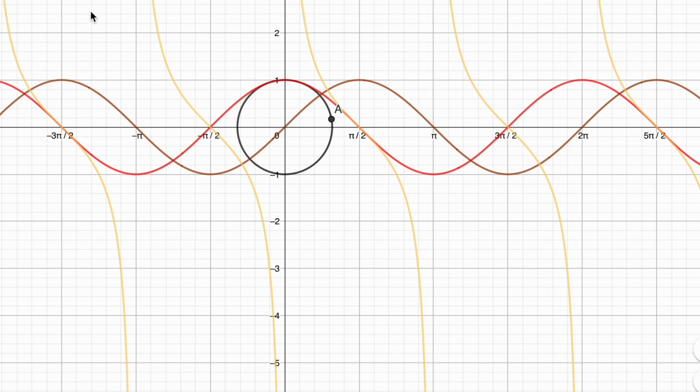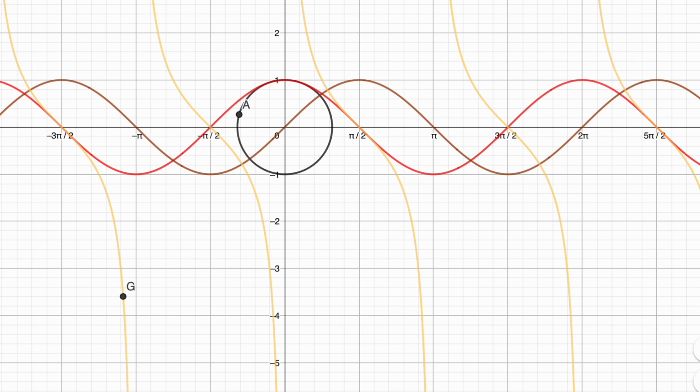Cotangent is cosine over sine. I put these all in here because it's kind of where we left off with the tangent. But now notice that this time, as I move along, where the cosine is 0, the cotangent is 0. And where the sine is 0, we're getting asymptotes, like this. You can see as we move around, the cotangent zeros match up with where the cosine is 0, and you're getting basically the same thing as the tangent.